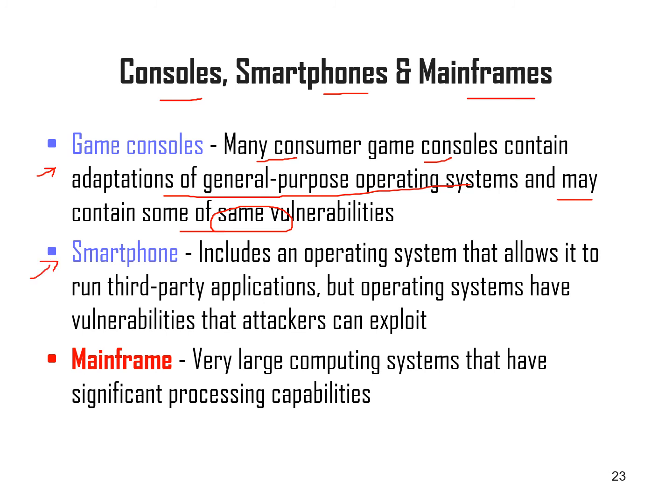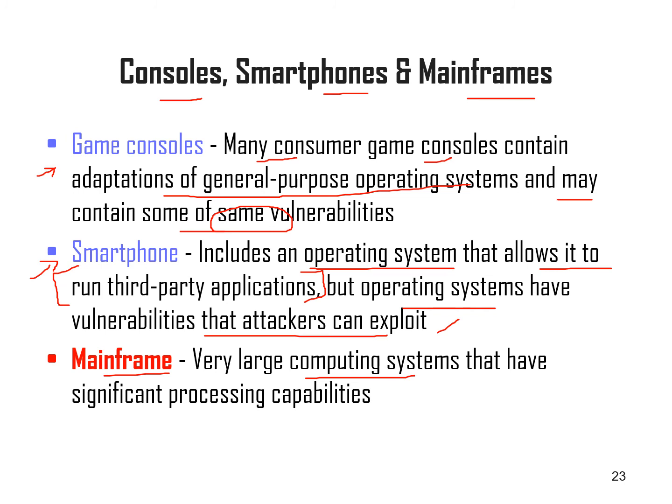Smartphones, as I said earlier, include an operating system that allows you to run third-party applications. We have been downloading a number of APK files from third-party websites and installing applications, and that will cause some problems in our operating system. Operating systems have vulnerabilities that attackers can exploit.